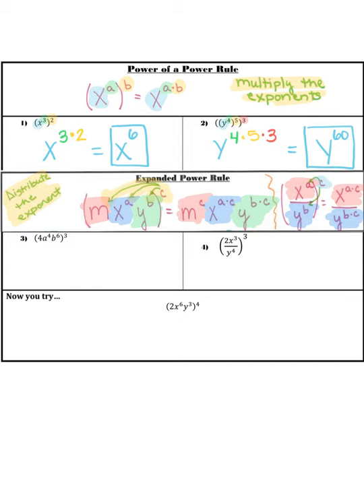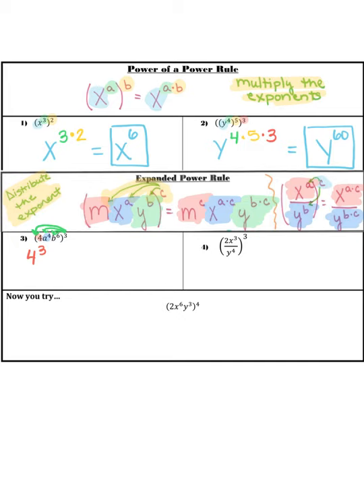So let's take a look at our example. It looks like we have 4, a to the 4th, b to the 6th, and that's being raised to the 3rd power. So let's distribute that power, and we're going to start with the coefficient of 4. And I'm going to have 4 raised to the 3rd power. Then we move on to a to the 4th, and we're going to raise that to the 3rd power.